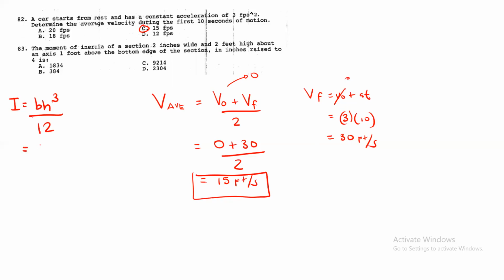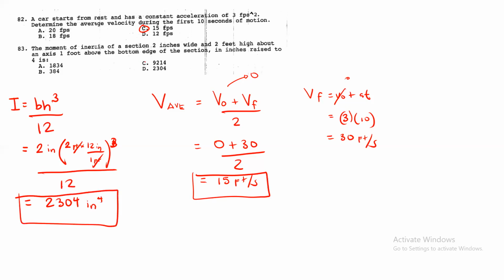So base natin is 2 inches times height natin is 2 feet, so 2 feet times 12 inches per 1 foot, raised to 3 divided by 12. So magiging sagot dito is 2304 inches raised to 4. So the answer is letter D.